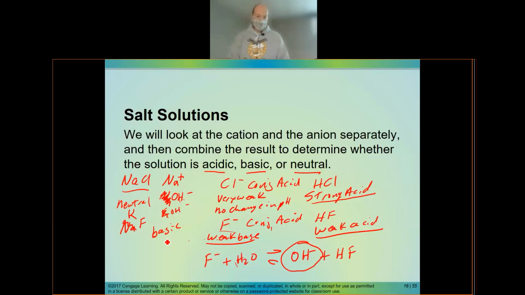Whereas if you did the same thing with your Cl minus plus H2O, it looks like it's going to give you your OH minus, but it's also going to give you HCl. Well, since we know HCl is 100% ionized, that's H plus, and H plus and OH minus is going to give you water.